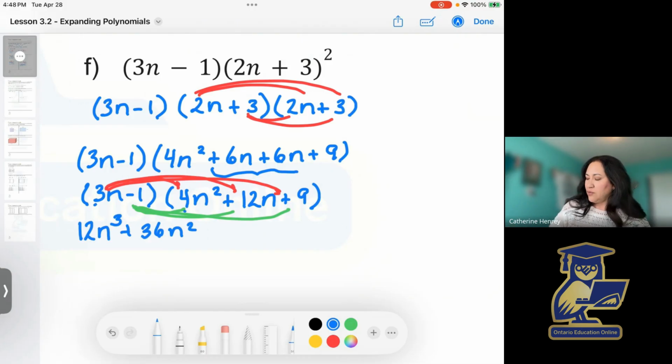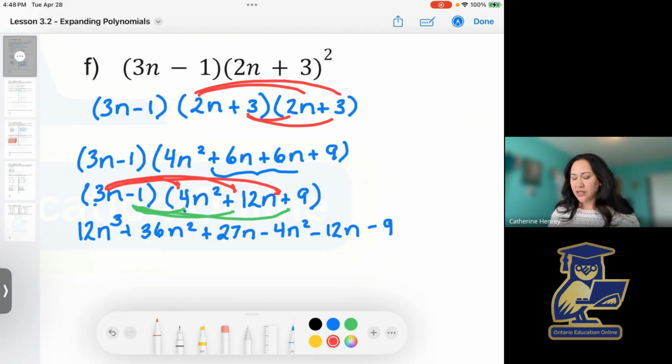And then we have 3n times 9, which is going to give me 27n. Next, I'm going to take a look at the green. So I'll have negative 1 times 4n squared, and that'll be negative 4n squared. Negative 1 times 12n, that'll give me negative 12n. And negative 1 times 9 is going to give me negative 9.